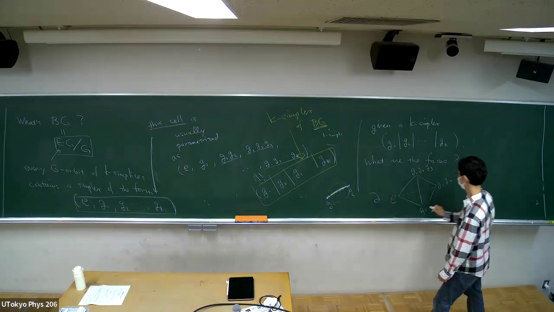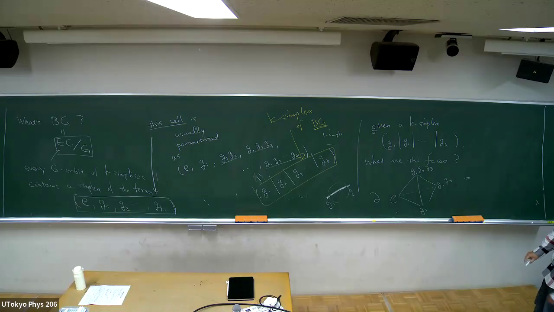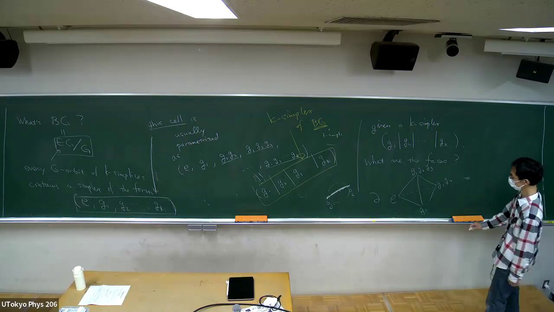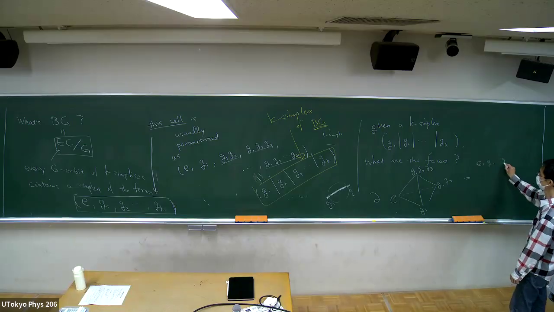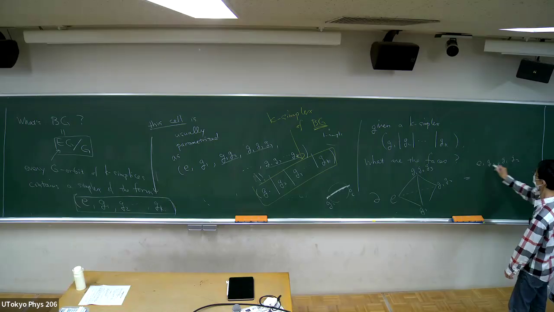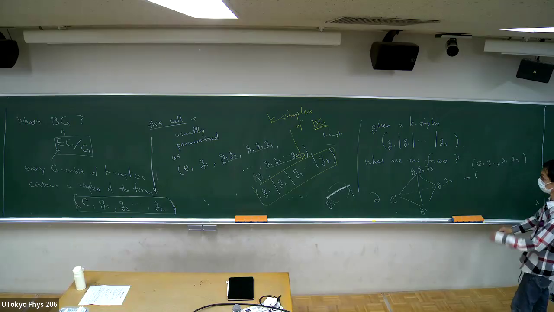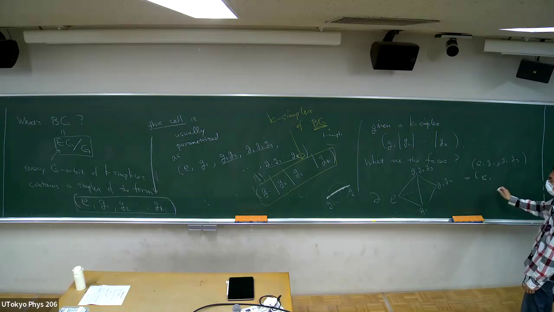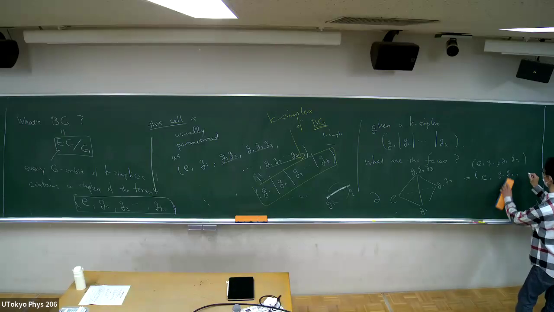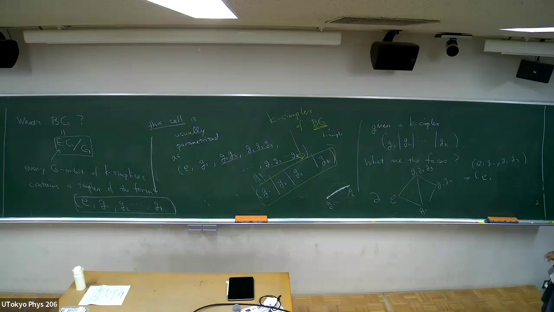Then its boundary consists of E, G1, G1 G2, and E, G1 G2, G1 G2 G3, and what are the four faces?